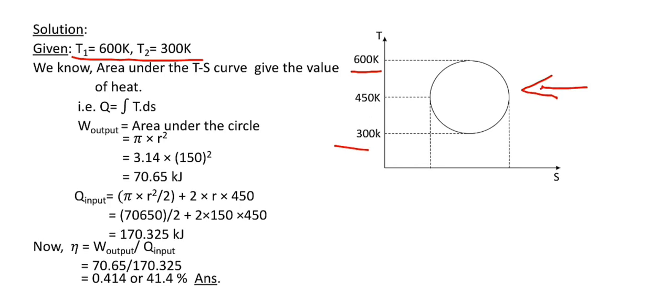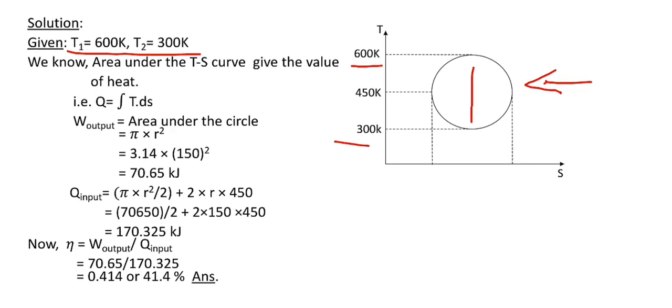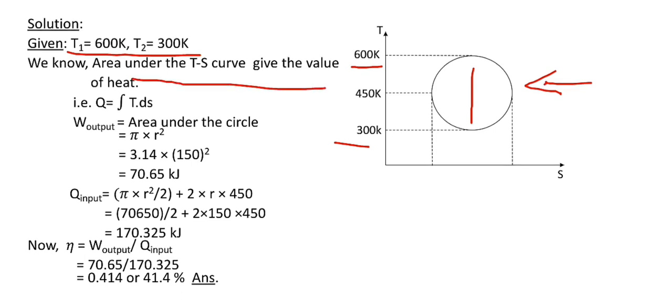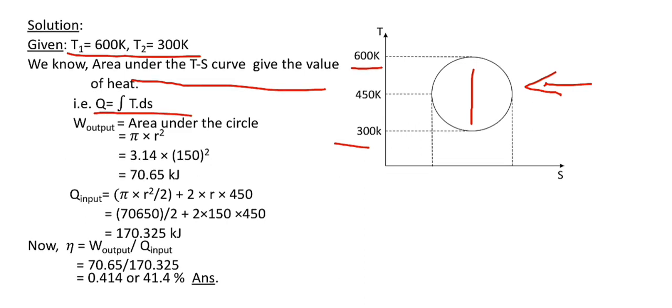After looking at this figure, we can calculate the radius of this circle. That will be (600 minus 300) divided by 2, which is 150. And we know, friend, the area under the TS curve gives the value of heat, that is Q equals the integral of TdS, and the area enclosed by the cycle gives the value of work.